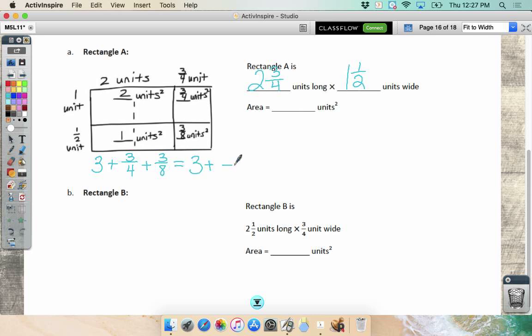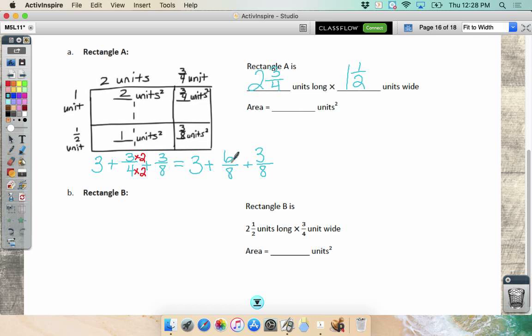So you're going to write this down. What's our denominator? 8. Boy, that didn't take you long. Good job. So which one of these fractions can I keep exactly the same? 3/8. And when I change the other one, 4 times what equals 8? 2. So 3 times 2 equals 6.